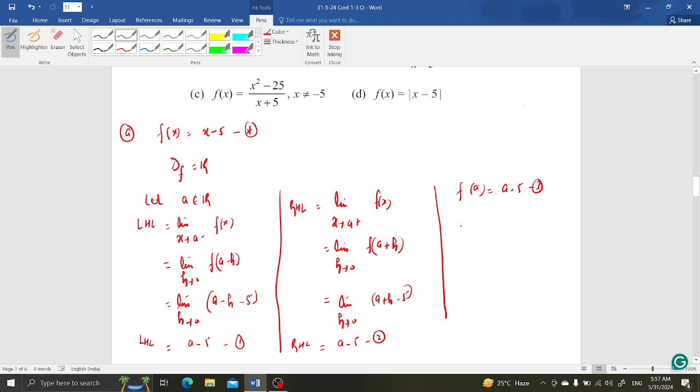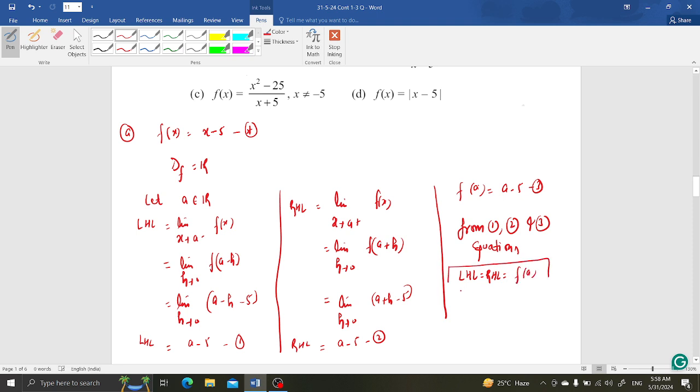So from the first, second and third equations, what we observe is that LHL equals RHL equals the function value at a.